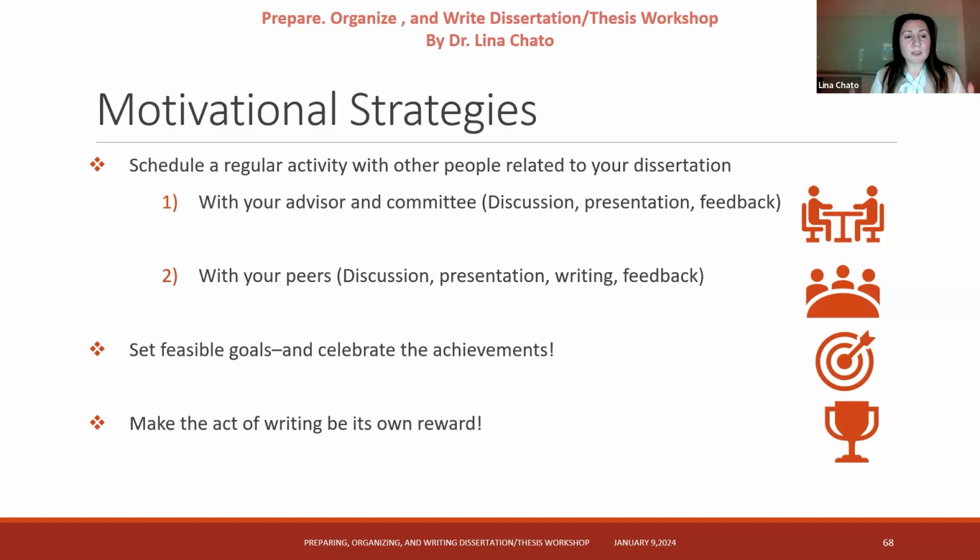Who are your audience here? Your audience are not only your advisor and committee, but your colleagues, the people in the field, and other people in interdisciplinary areas who are interested in interdisciplinary research. So it's good to have activity with others to get their feedback.